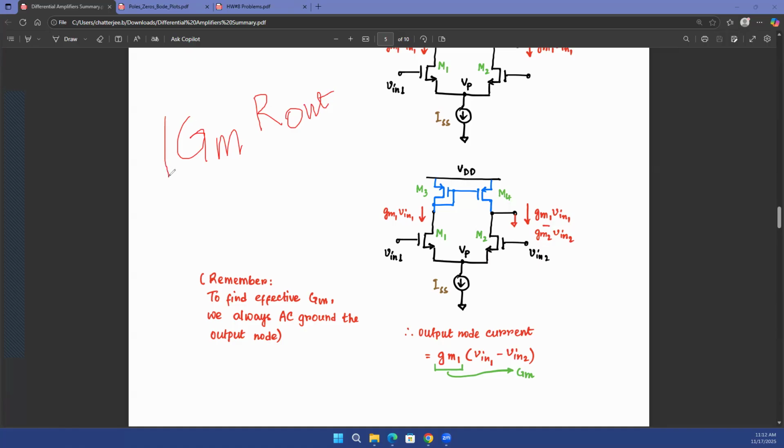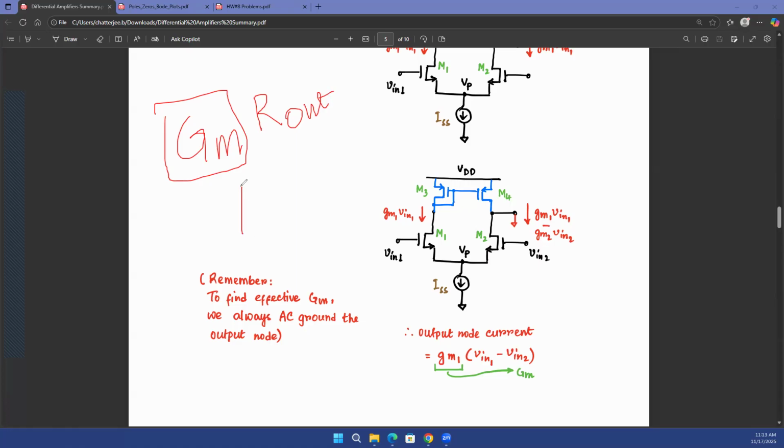Now, how do you find the effective GM in a circuit? You want to find what the output current is as a function of your input voltage. Output current divided by input voltage becomes your effective GM, because GM is defined that way. It's transconductance, which means output is current, input is voltage.